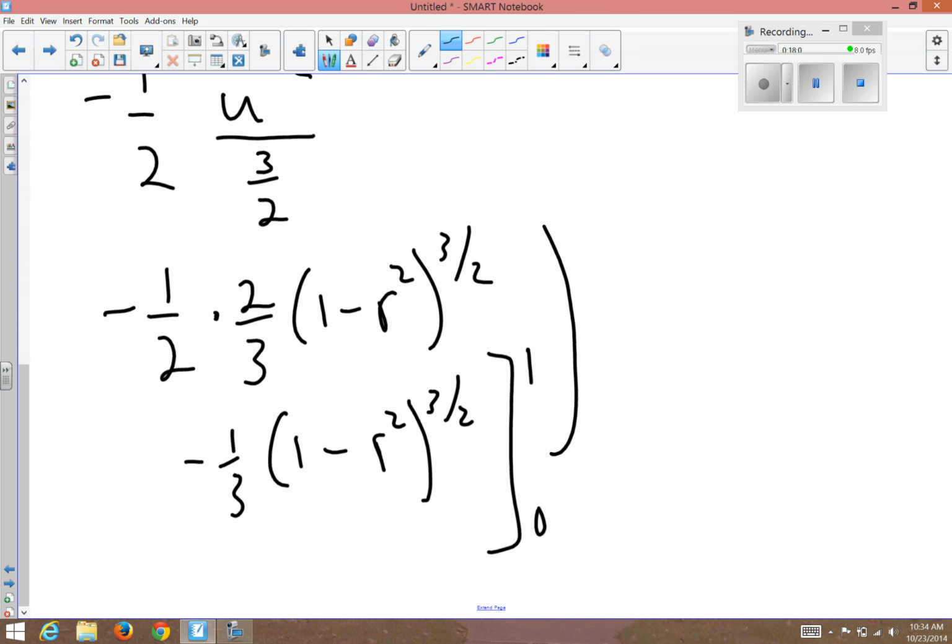That means we replace all the r's with 1. Minus. And then after the minus, we replace all the r's with 0.